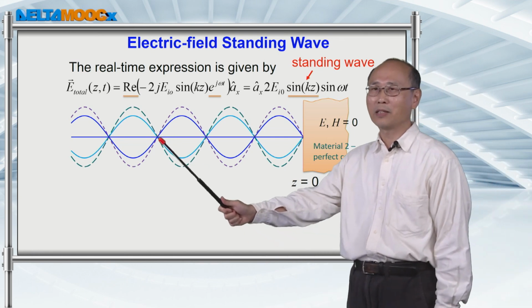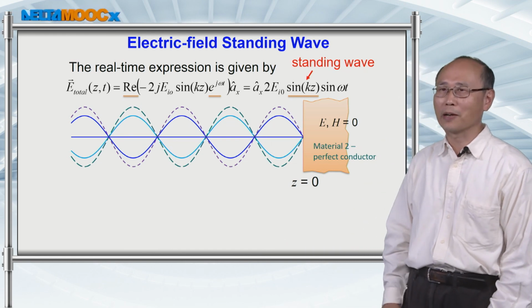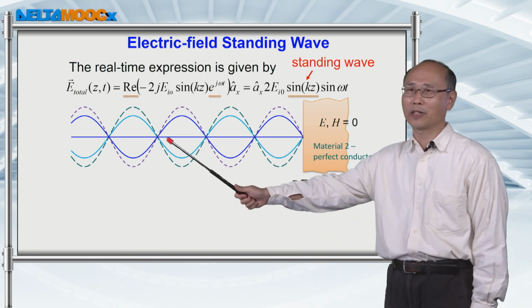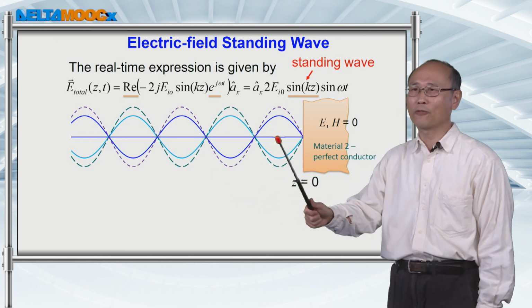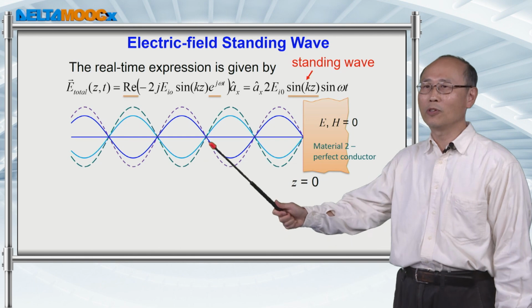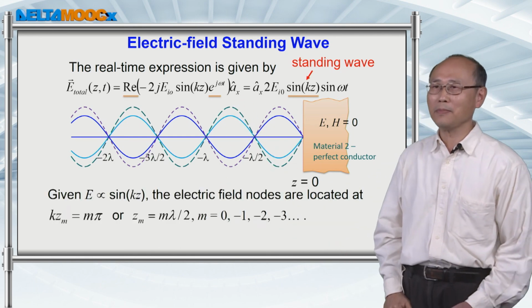And this is something you are familiar with when you learn about the transmission line. This is a 100% contrast standing wave, and at this node, it's always fixed at 0. And between nodes, you have the big amplitude oscillating up and down.